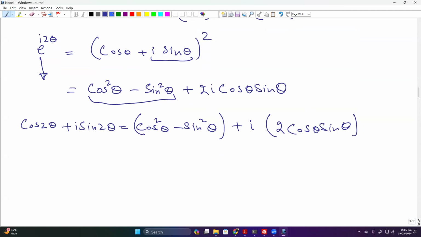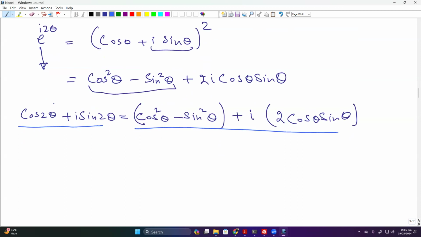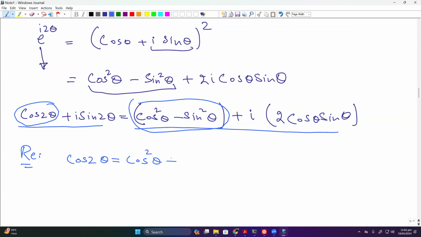Again, using the same logic, we have complex numbers on both sides, left hand side and right hand side. The only way that the equality will hold is that the real part on this side must be equal to the real part on this side. So comparing the real parts is going to give me cos 2 theta equals cos square theta minus sine square theta.